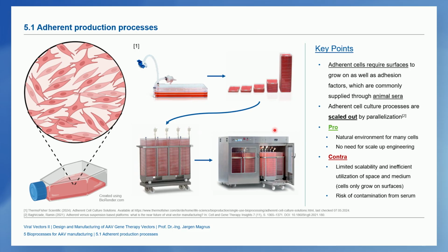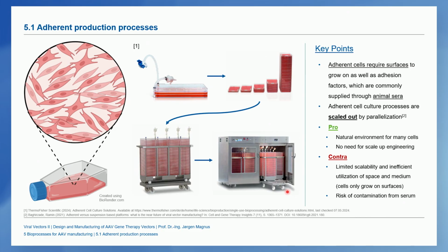So you're at 640 plates in your incubator that need to be handled manually, with poor quality control and no monitoring of dissolved oxygen or pH or other things that you would like to control in your culture, and therefore it isn't a very good production technology. But before suspension culture was developed, this was the only production technology.